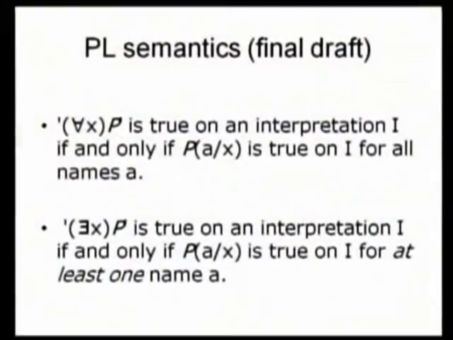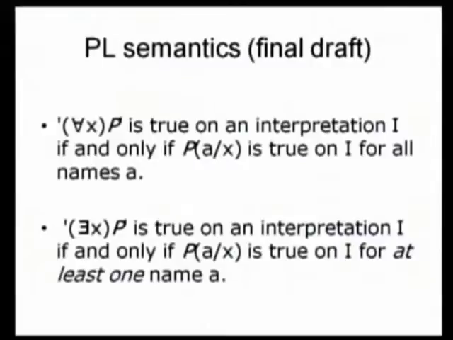To say that all x, any sentence P, is true on an interpretation I, and sometimes they'll talk about more than one interpretation. We don't have to worry about that too much in the Logic Cafe, but it's true on a given interpretation if and only if the sentence is true on that interpretation for all of the names in the domain, in the universe of discourse.